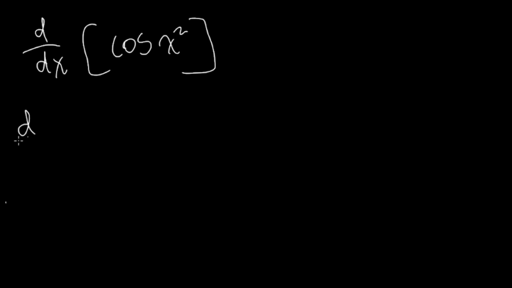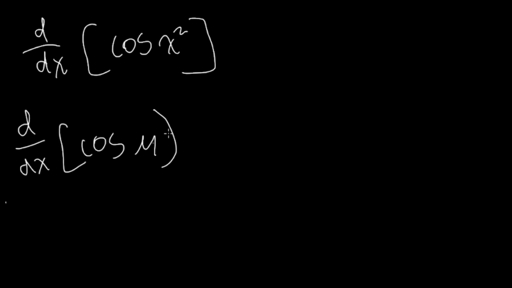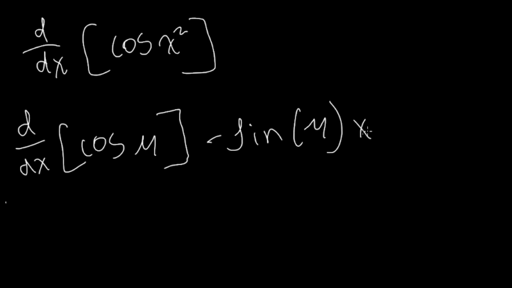Alright, so now we know the derivative of cosine of u is equivalent to negative sine of u times u prime.